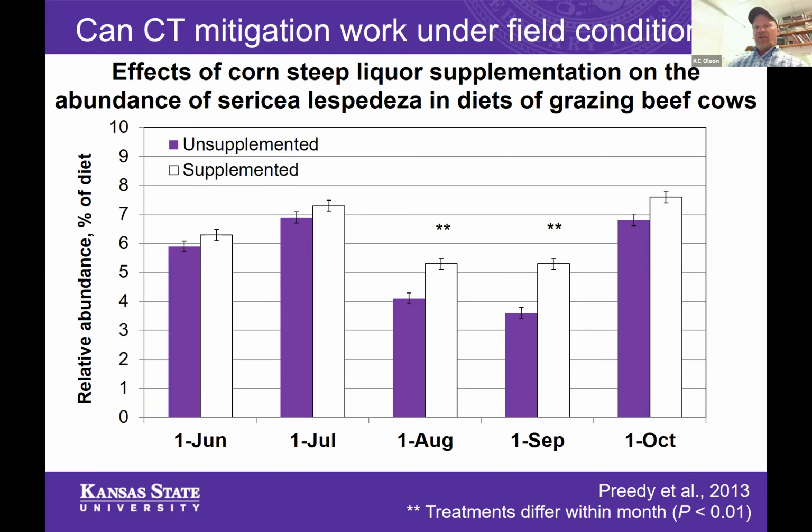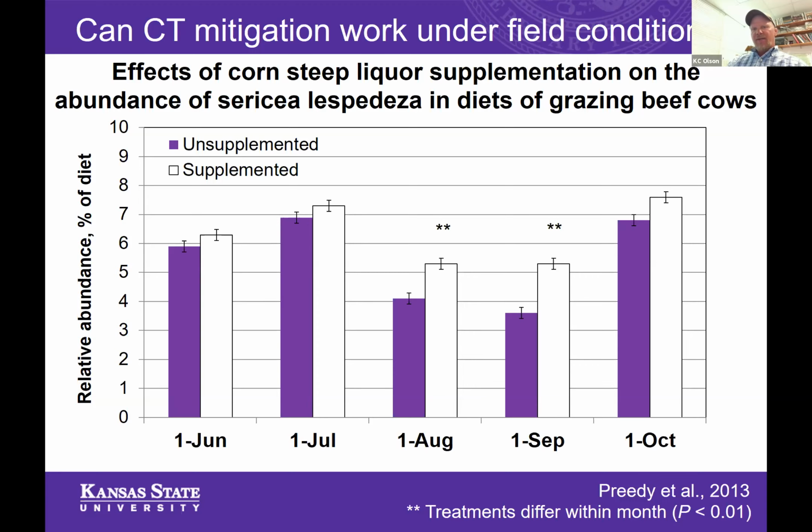This solution required producers to make about a $6,000 investment in feed storage capability because it is a high moisture kind of feed. And the performance benefit that we expected to see with summertime supplementation of corn steep liquor was just not there.